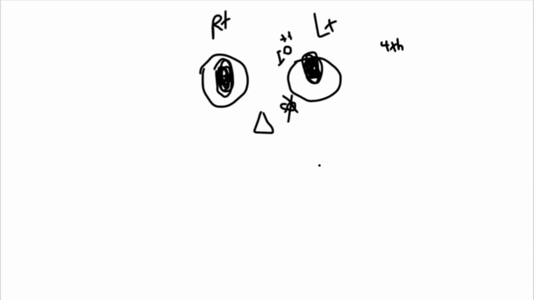Sometimes, for some reason, the brain decides to fixate with the left eye. The brain decided to make the left eye the fixating eye. So there will be impulses to the depressor muscles, the inferior rectus, and also to the superior oblique, because superior oblique and inferior rectus are the depressors.